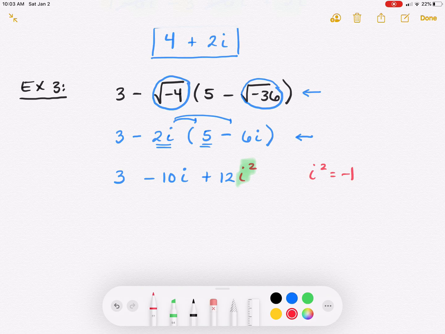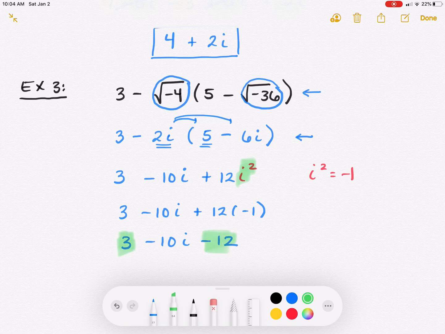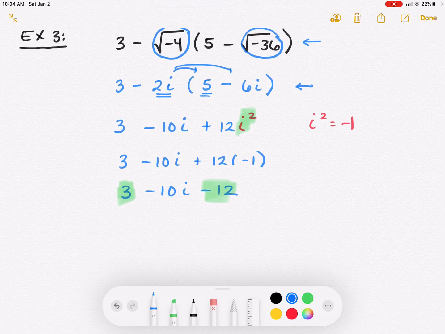And so we can rewrite this as 3 minus 10i, and this is going to be 12 times -1. So we've got 3 minus 10i minus 12. So now the real parts are 3 and -12, which is -9, and the imaginary part is -10i. And that's how we would write the final answer. So i is simplified, okay, but an i squared, we can replace with a -1.